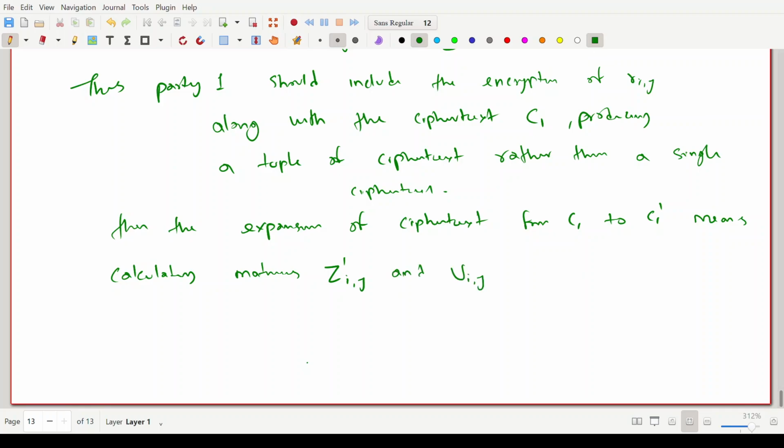If you are able to find these two matrices and put them together, you get a new ciphertext.